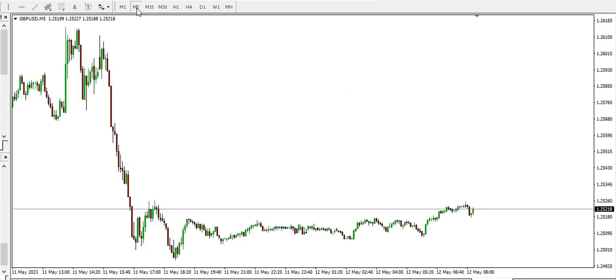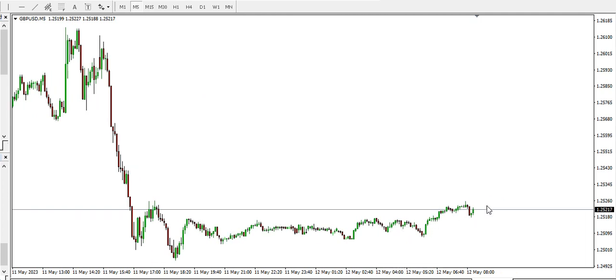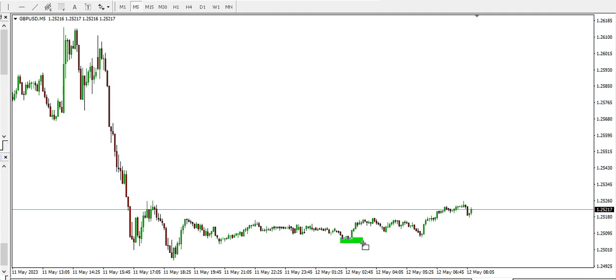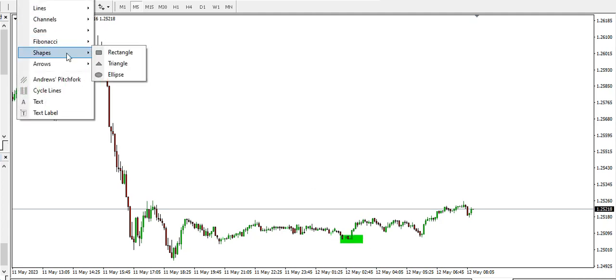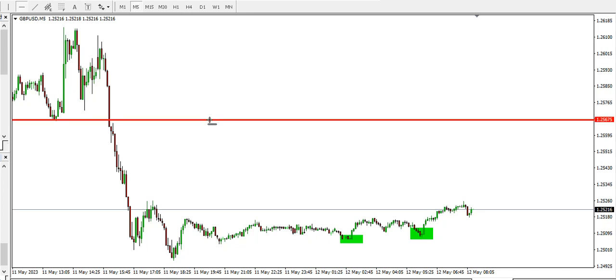Okay, on the 5 minutes time frame, what do we have? You can see this range. It's ranging, but as it ranges, we are seeing these higher lows. But the range is so small that it is more like insignificant until we see price coming up to this point.